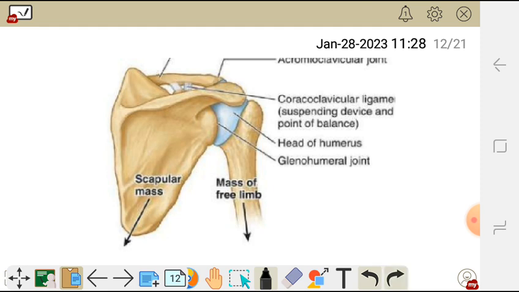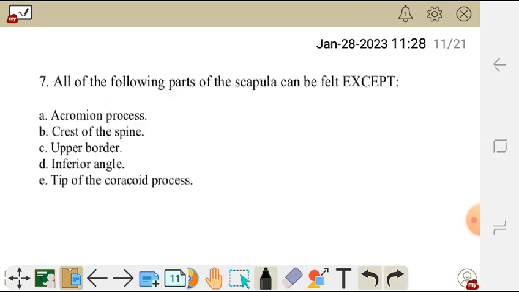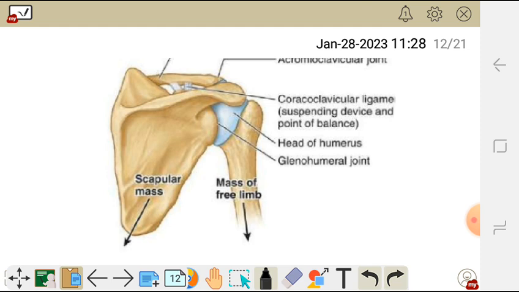It cannot be felt because that's where the clavicle lies, and the medial side can be felt, and even the inferior angle, even the tip of the coracoid process. The coracoid process is where the coracoclavicular ligament attaches.